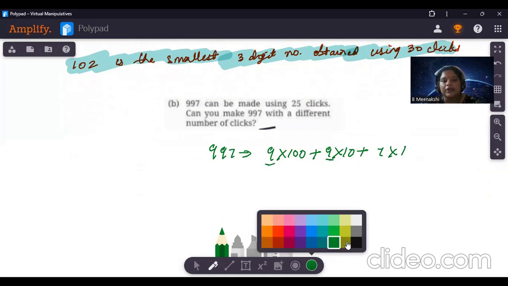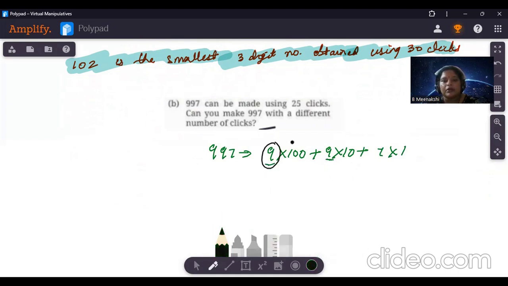Look at this, you can add the number of clicks. 9 plus 9 plus 7: 18 plus 7 is 25 clicks.